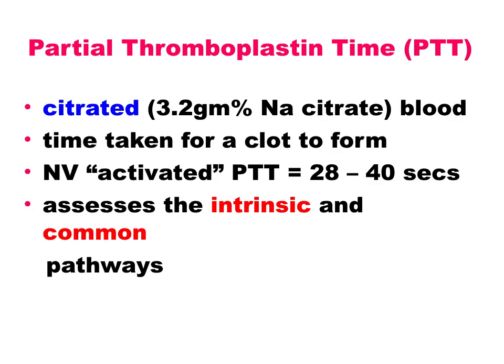For PTT, partial thromboplastin time, we make use of citrate as anticoagulant. This is the time taken for a clot to form, and the normal value for activated PTT is 28 to 40 seconds. Take note that this examination assesses the intrinsic and the common pathways.